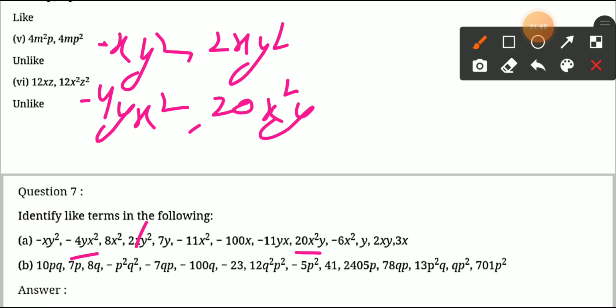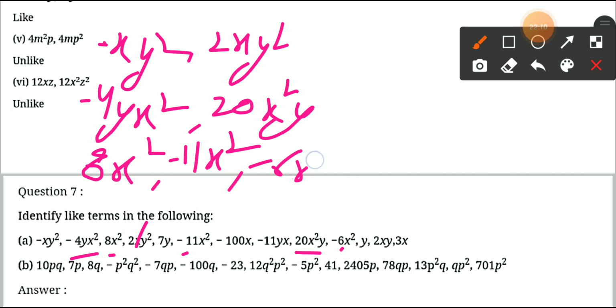Now the next one is 8x square. This contains only x square, and this also contains only x square. So along with the 8x square we will write minus 11x square and here minus 6x square.